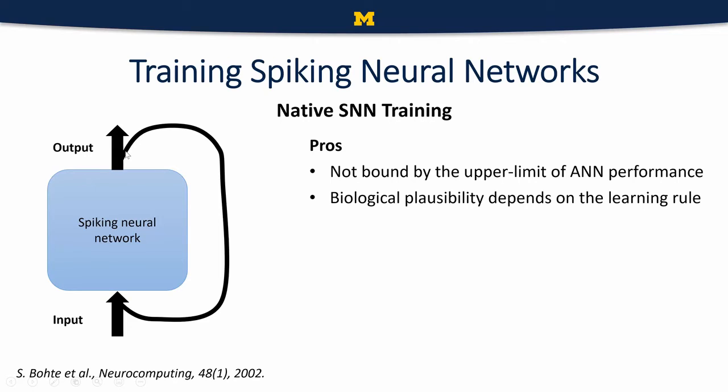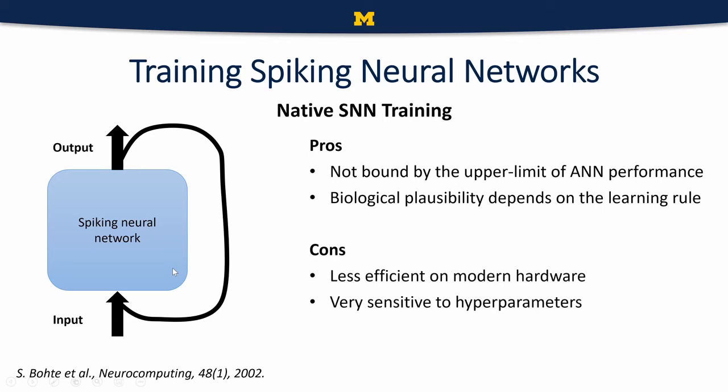Well, of course, we've got feedback connections in the brain. So we could potentially use that to update what's going into the spiking neural net. Now, some of the cons here is that hardware as it presently exists is not optimized for spiking neural nets, right?